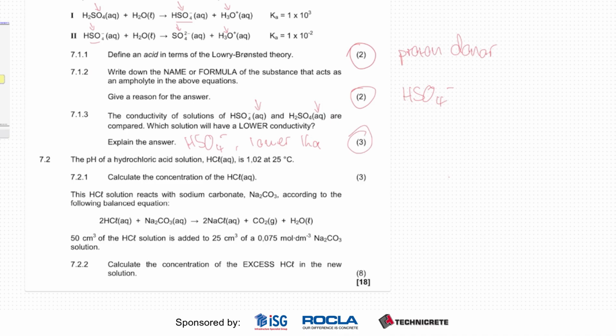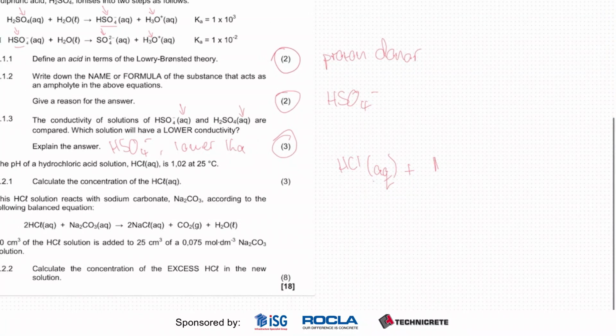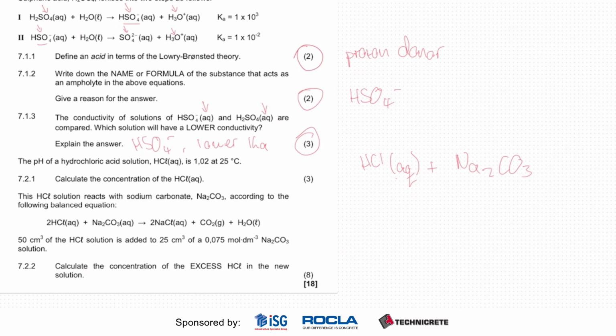Okay, very simple question. Calculate the concentration of HCl. This solution reacts with sodium carbonate. So we have HCl aqueous plus sodium carbonate, according to the following reaction.